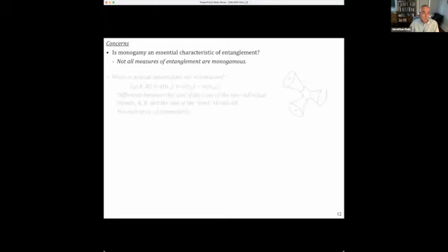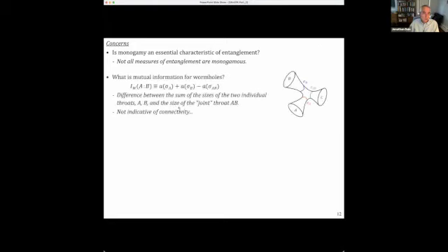Now, another potential concern is just how to interpret mutual information in the context of wormholes. So the mutual information associated with two regions A, B connected by a wormhole presumably takes this form: the difference between the sum of the sizes of the two individual throats associated with regions A and B and the size of the joint throat that connects AB with any other region.